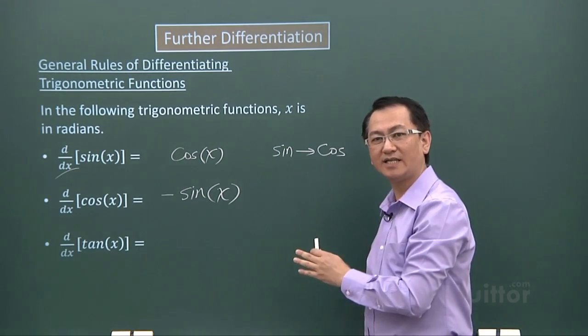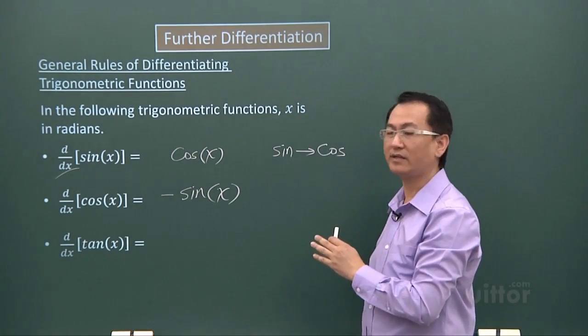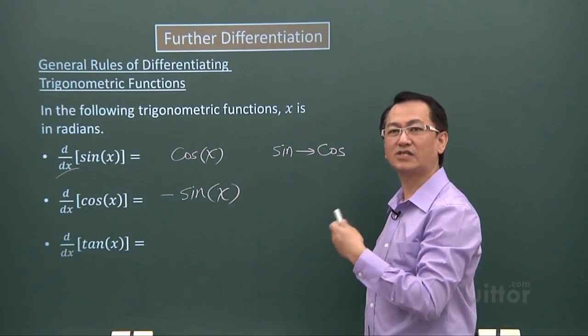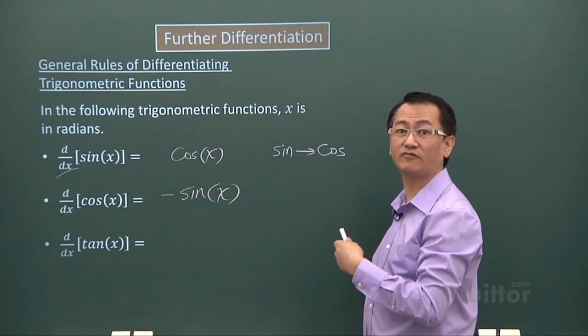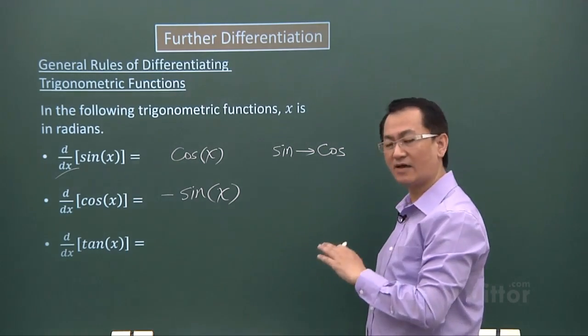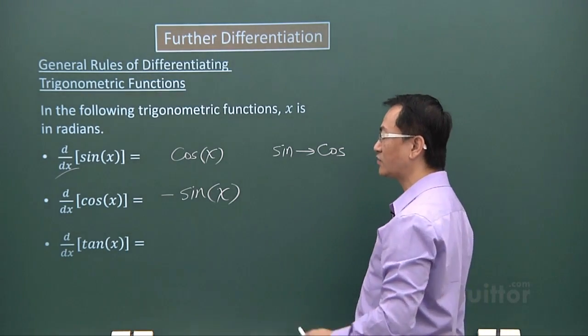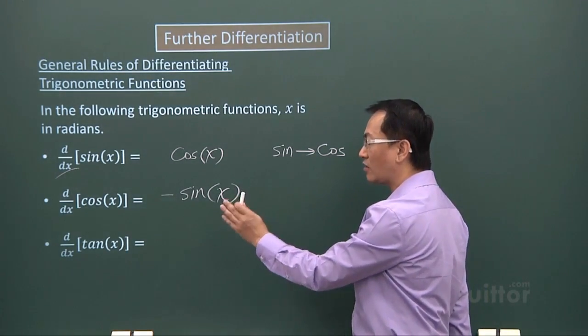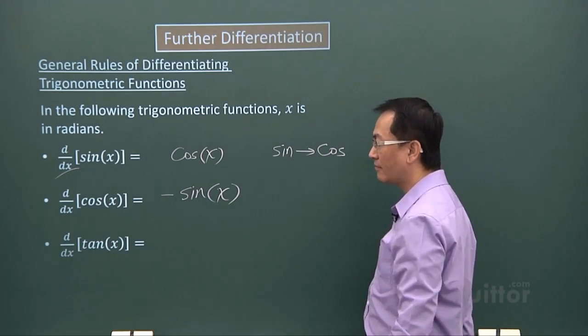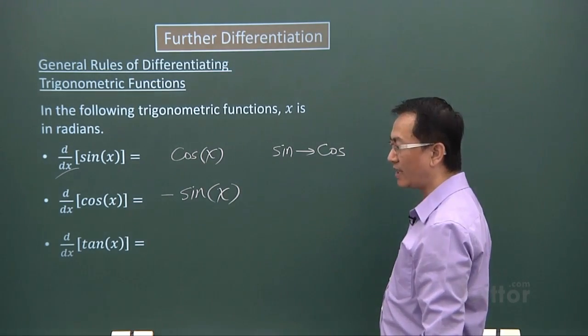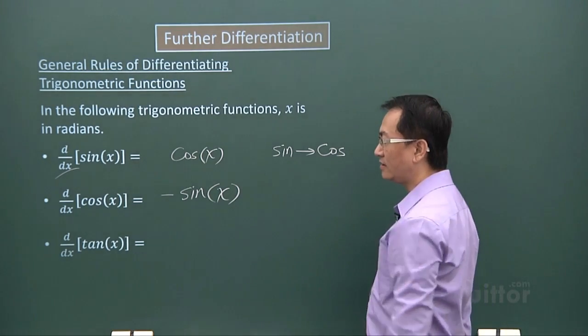But remember, this is the rule that we're dealing with. So it's not a lot of explanation we can do about this without going further. So for this level, what we need to do is just to remember, when you differentiate cos x, you get negative sine x. The last one we look at is tangent.